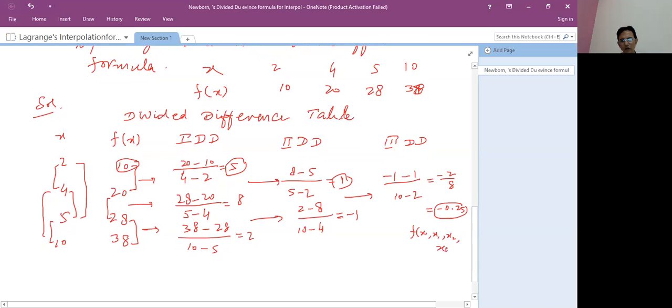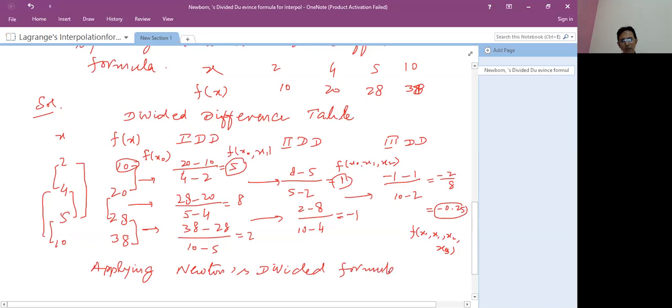Because you have 4 values, and this value is called f of x naught. It is the initial value of the entries. So now we are applying Newton's divided difference formula for interpolation.